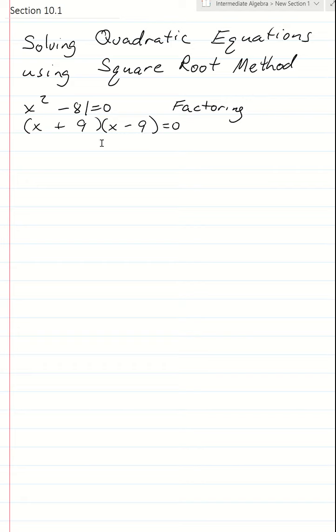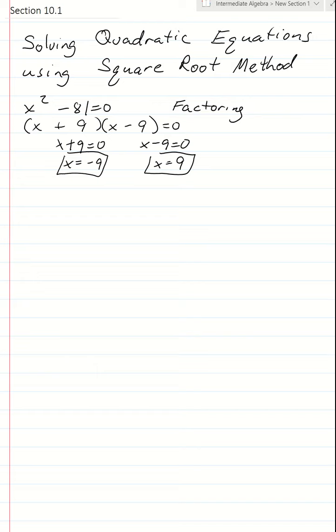And now that we have a factored quadratic equation, recall we used the zero product property, and we would set each factor equal to 0. And then we would go and solve for x, and we got x equals negative 9, and x equals positive 9. And those were the two solutions to that quadratic equation.